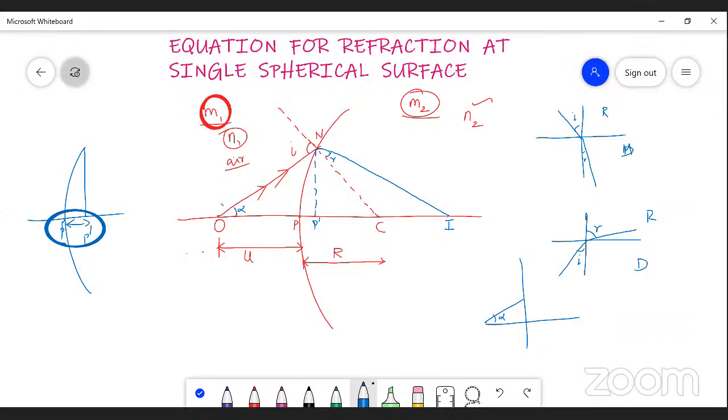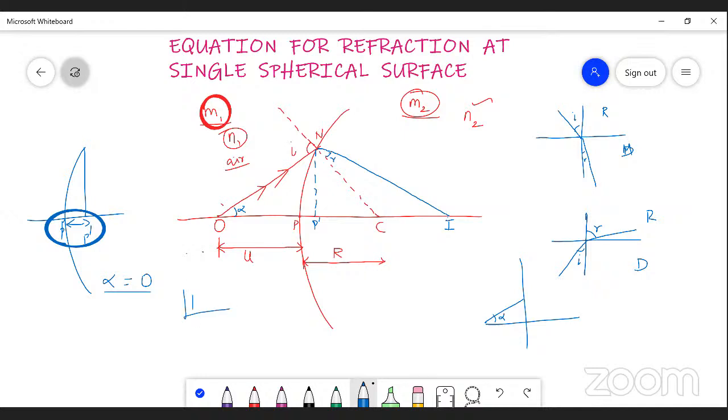At the same time, for a single spherical surface, the incident light is almost parallel to the principal axis. That is called the paraxial axis. This is very important. Alpha is almost equal to, less than 0. So alpha is nothing but this angle NOP.